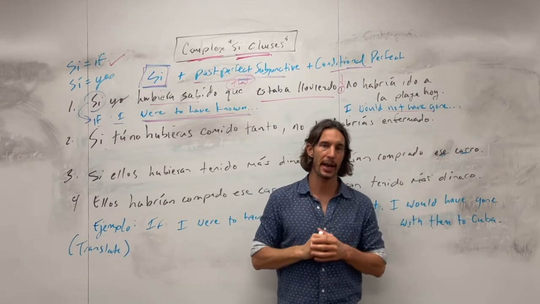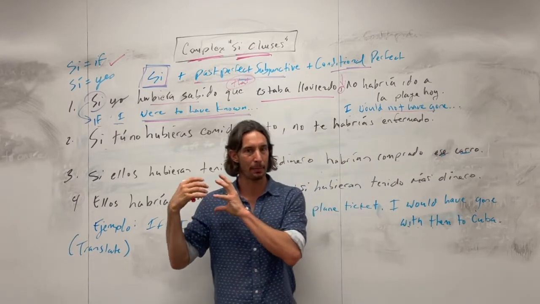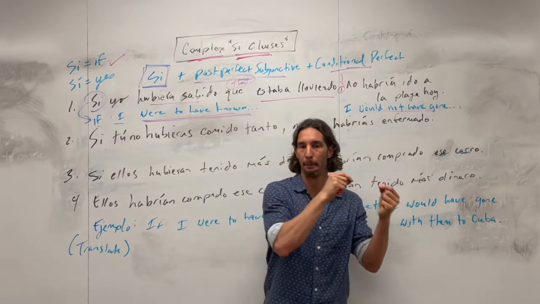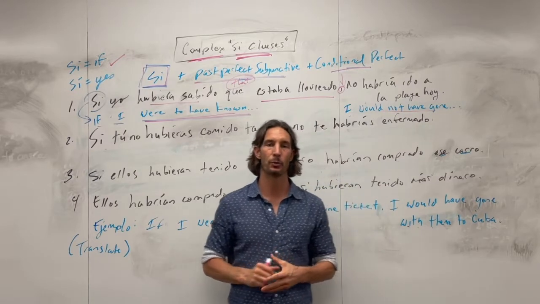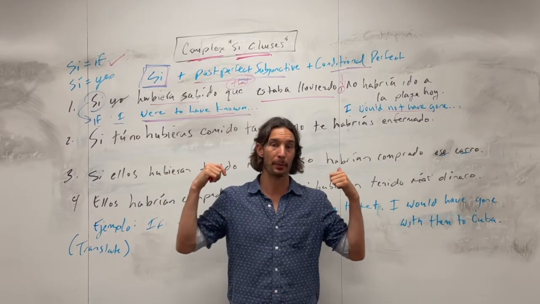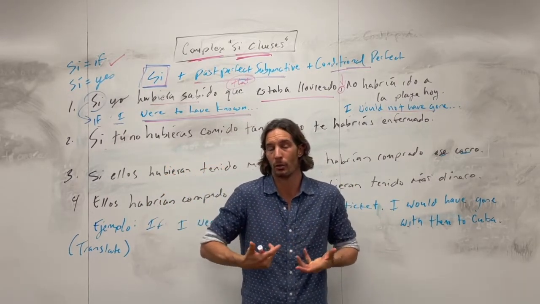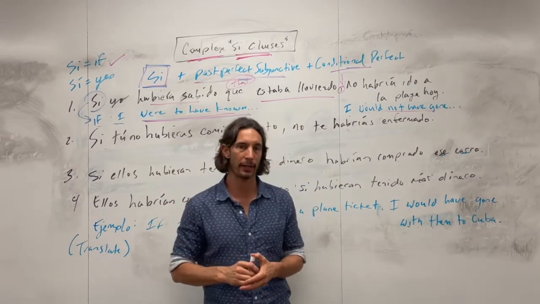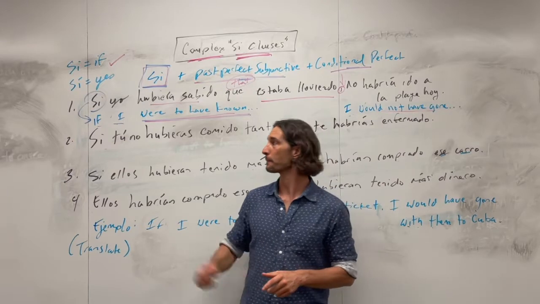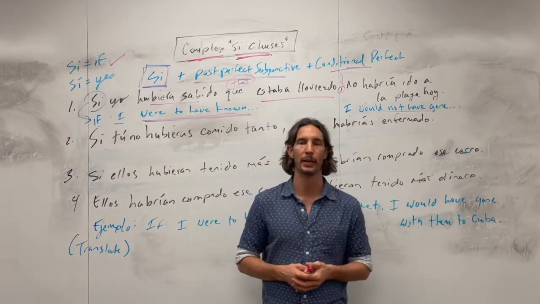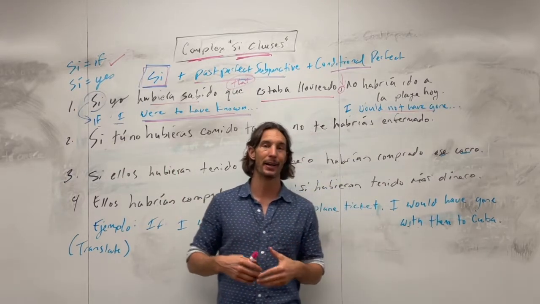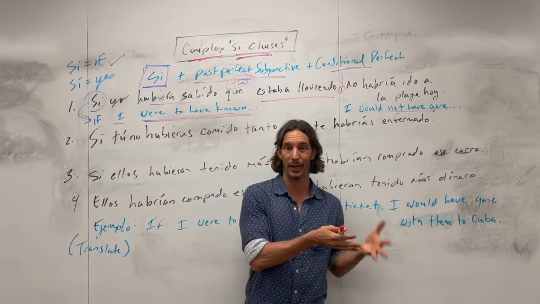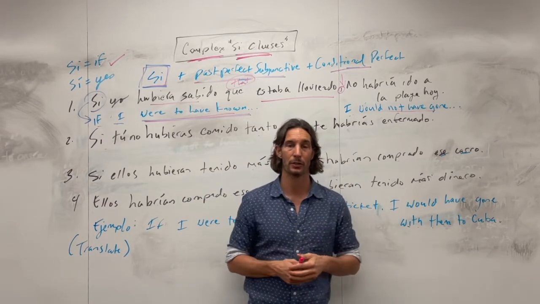So again, notice that it's not necessarily a hypothetical as much as reflecting back, right? And so that's what these complex si clauses allow you to do. So, you packed up, you went to the beach, got there, it's pouring down rain, lightning, thunder, the whole thing. And so that's when this would be useful to say, right? If I were to have known that it was raining, I would not have gone to the beach today.